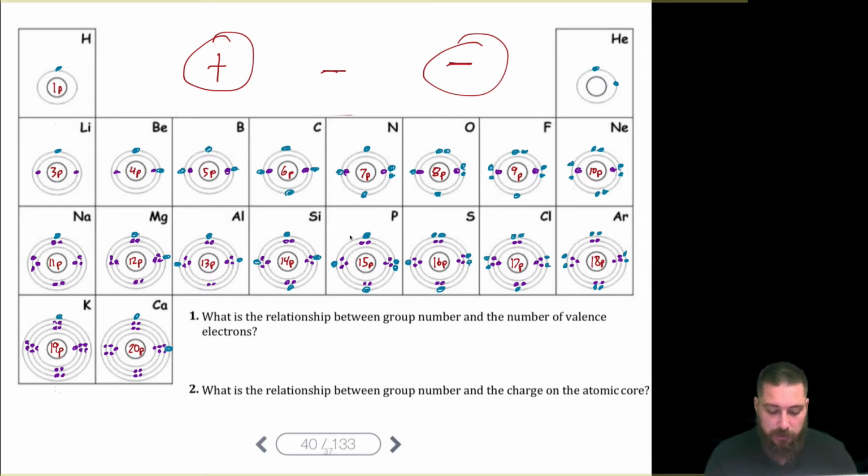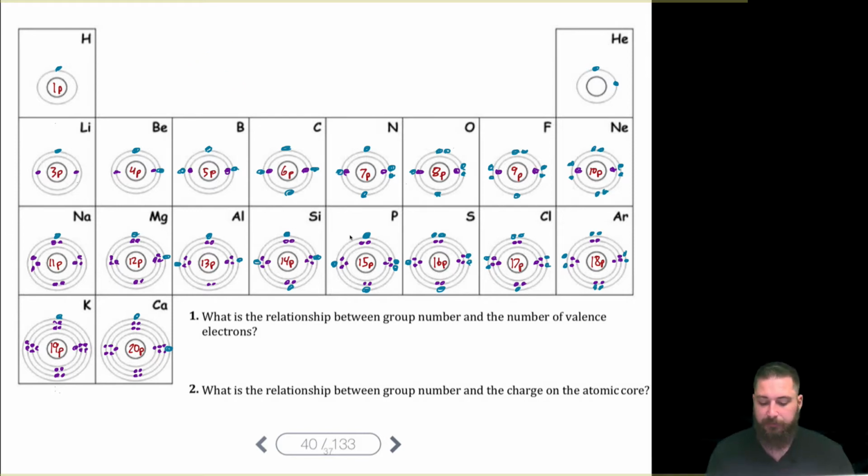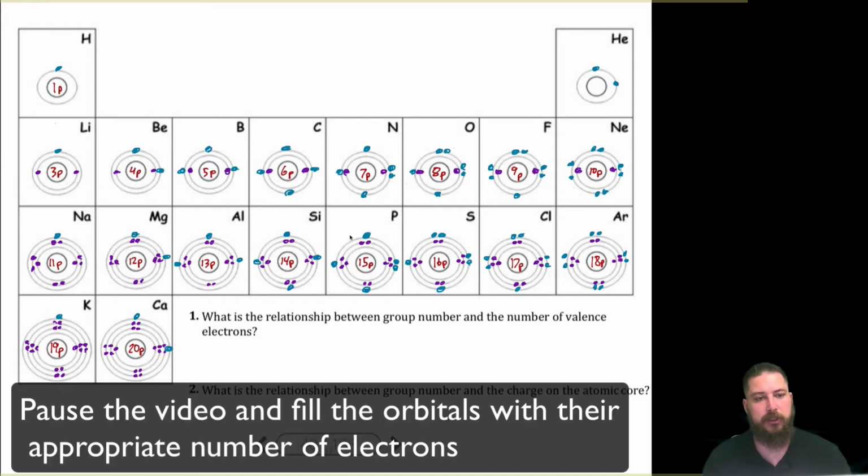Now, before we get started, this is page 37 in your booklet, and I already have these electrons and protons filled out here. And so what I want you to do is pause the video, and I want you to fill in these inner electrons, which the purple dots are the inner electrons, and then the blue dots are the valence electrons.